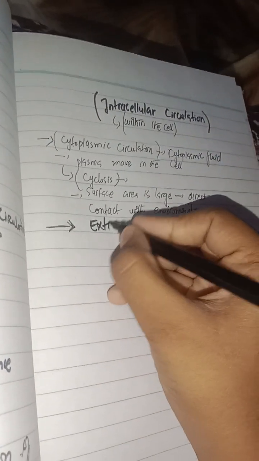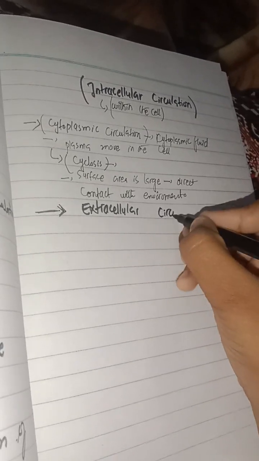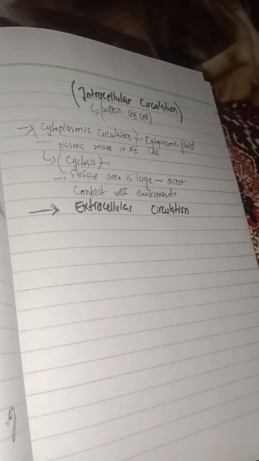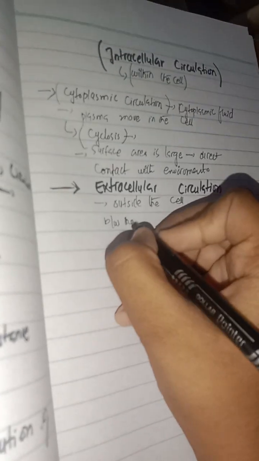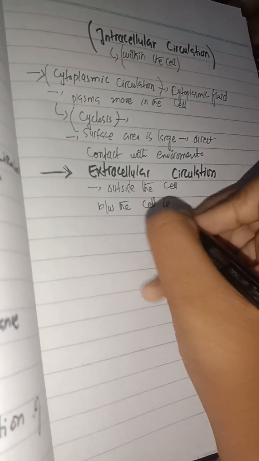Now the second is extracellular circulation. The word extracellular, you already know, means outside the cell, or between the cell and tissues in higher living organisms.